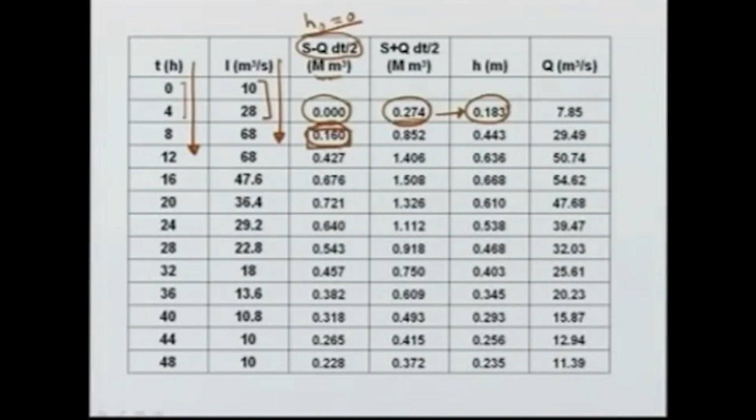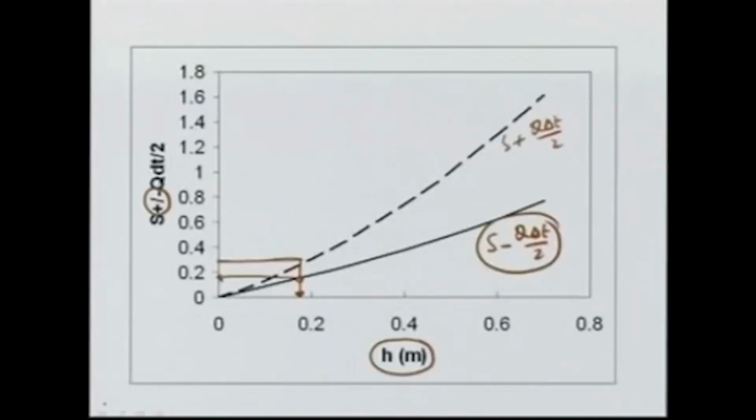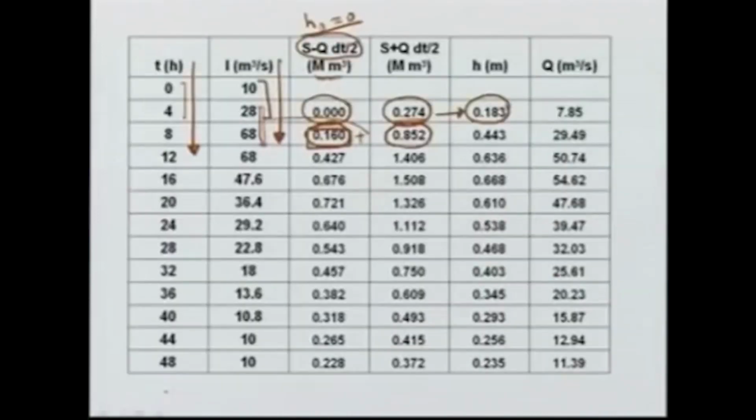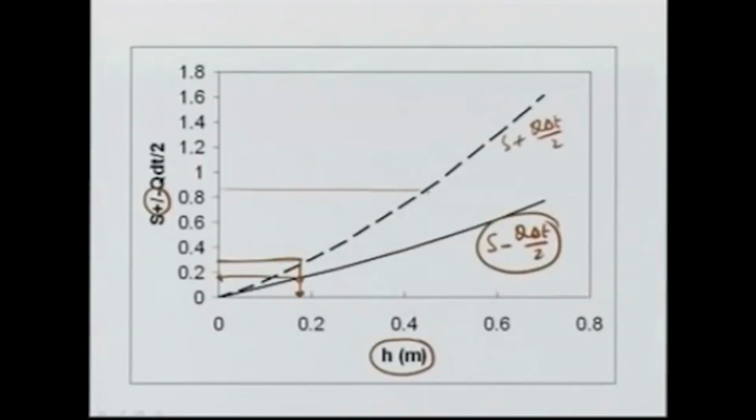To this value we will add again the mean inflow during that time period. So, add this and we will get a new value of S plus q delta T by 2 as 0.852, and for 0.852 again we can get the corresponding value of H as 0.443 from this figure. Then for 0.443 we can get the value of S minus q delta T by 2.